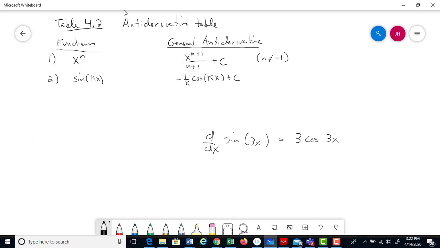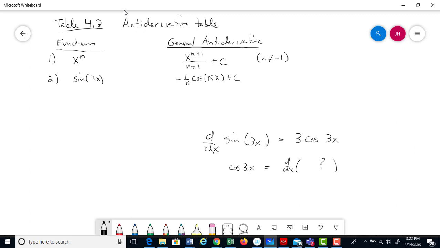So for instance, if I have the cosine of 3x and I want to find its antiderivative, what function do I take the derivative of to equal this thing? We're trying to determine this piece, because I need it to equal the cosine.